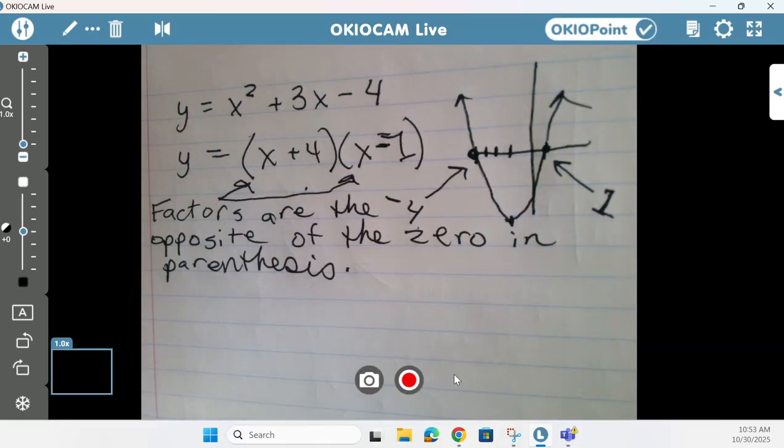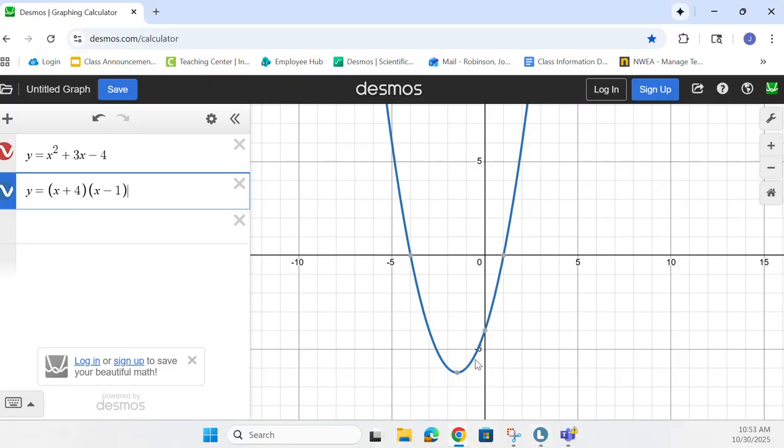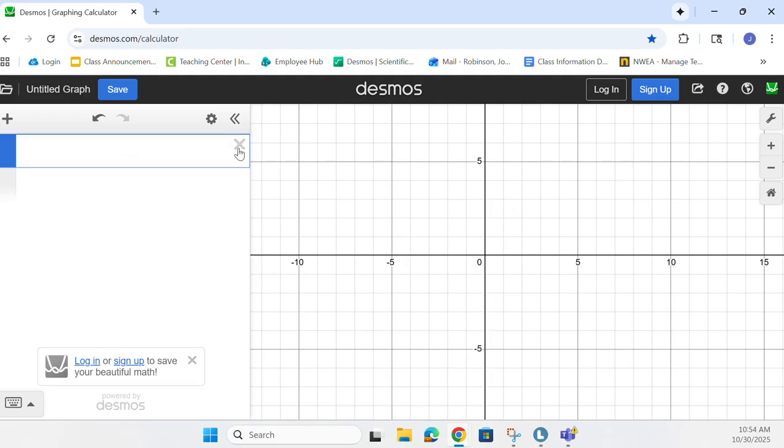Then the factors are going to be x minus 5 and x minus 6. Go back to Desmos. Clear it out. The quadratic is, I think it's this one.